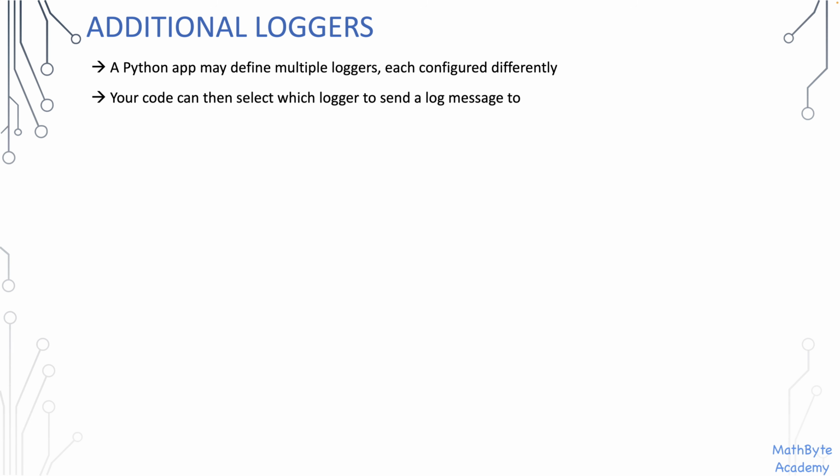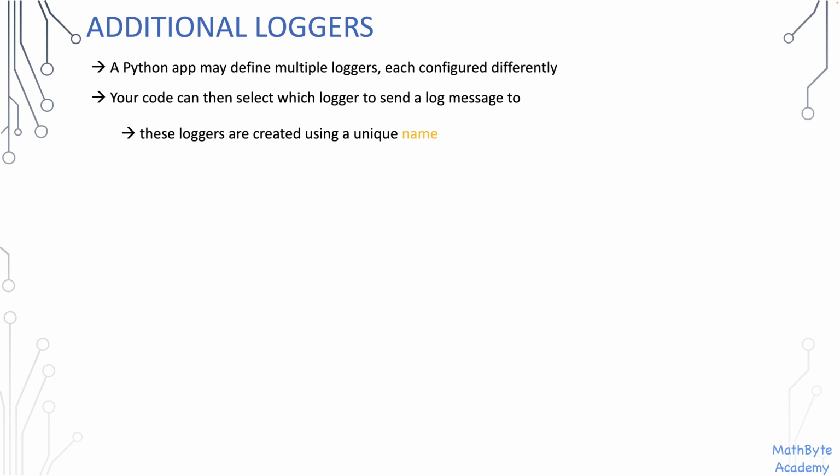So what happens is that we can define multiple loggers in our application, and your code can then select which logger it's going to send the log message to. So how do we create these loggers? Well, we create them by name. When we did the root logger just now, we didn't pass any arguments. There was no name. That by default will essentially get you the root logger.